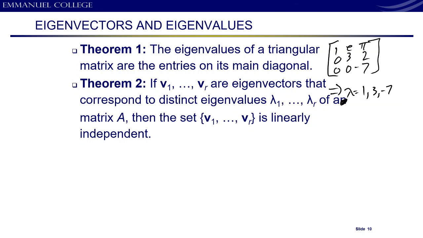Basically what this means is one eigenvalue gets one eigenvector. Like the previous problem we had, the eigenvalue 2 had two different eigenvectors. So theorem 2 does not apply there. You have to have distinct eigenvalues with distinct eigenvectors, so you have that one-to-one correspondence between them.